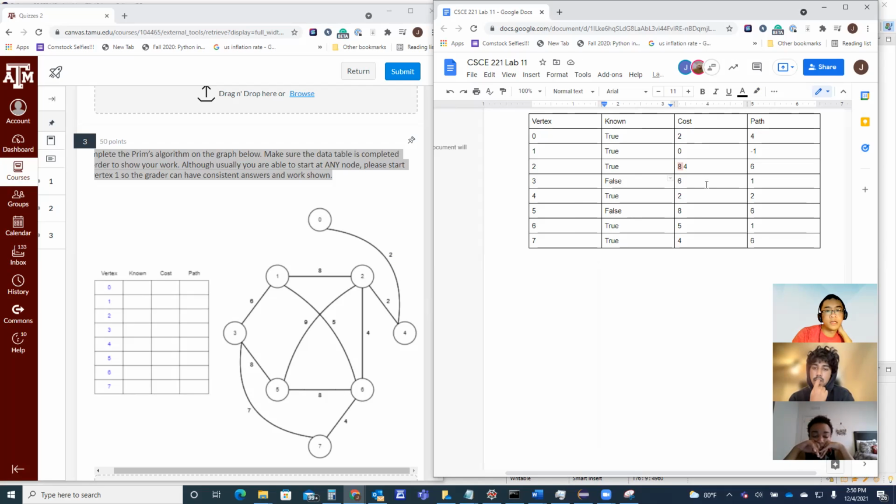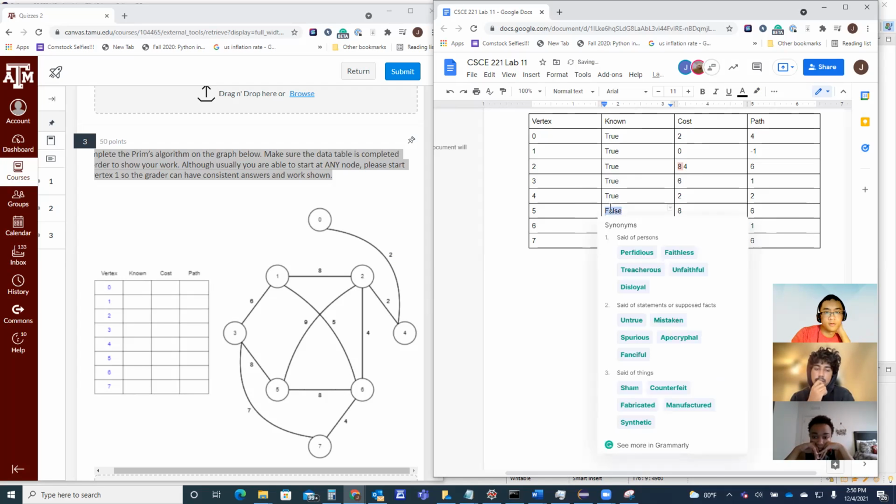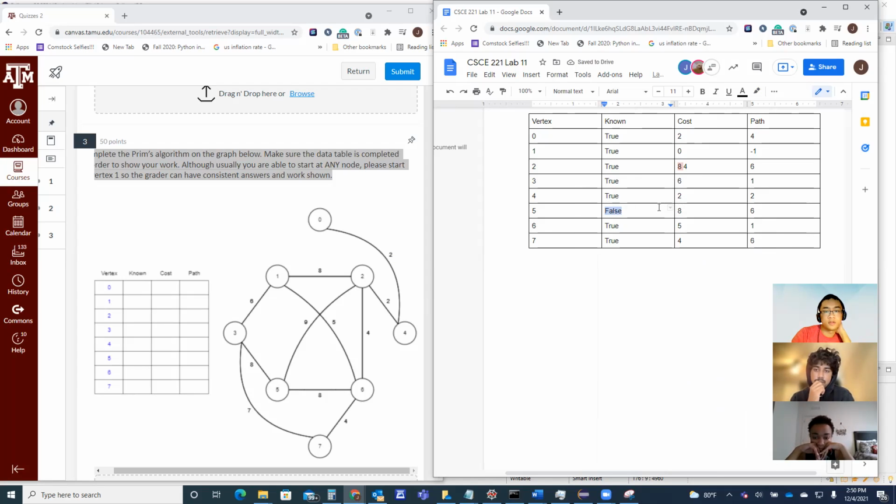Or I mean for 3, like where it comes from. Oh, still, yeah, it stays. So this turns to true. And then 5 goes to 3. It's the same cost, but 3 is a lower number, so I think we pick 3, right? Yeah, I think so.